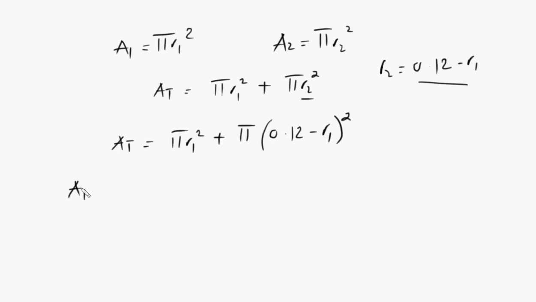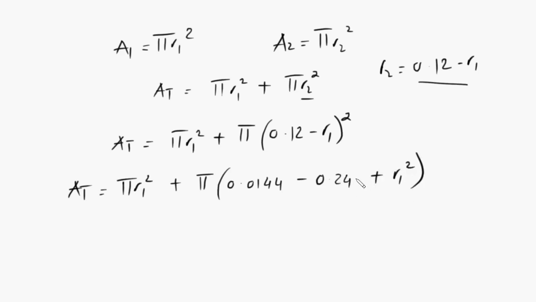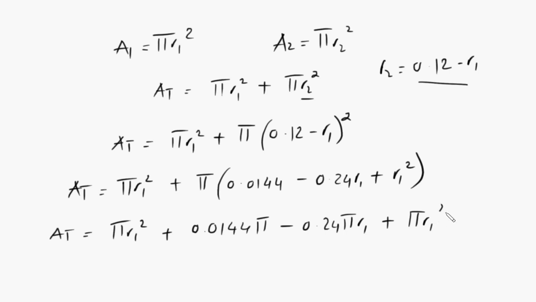So now my total area is just equal to pi r1 squared plus pi, and when I square this, it's just 0.0144 minus 0.24 r1 plus r1 squared. So my total area now is pi r1 squared plus 0.0144 pi minus 0.24 pi r1 plus pi r1 squared.